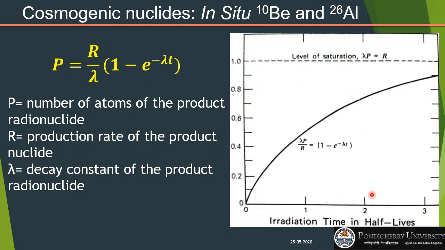That turns out to be equal to 2 half-lives, that is 3 million years. That means you can safely say that the surface was exposed to the cosmic ray for the last 3 million years. So that is called the exposure age. That means that was the time when the surface got exposed.